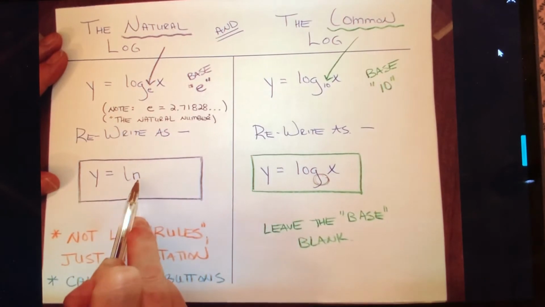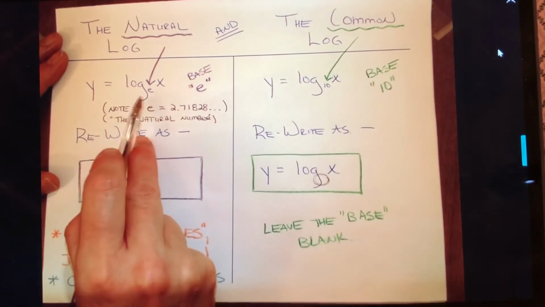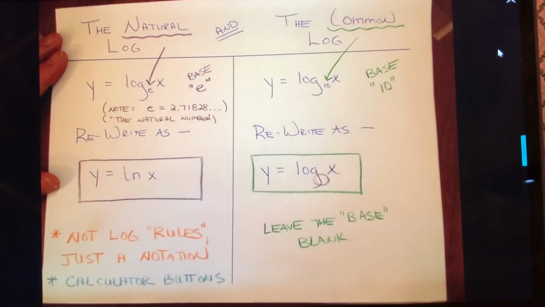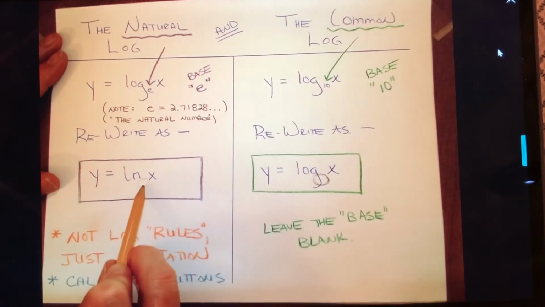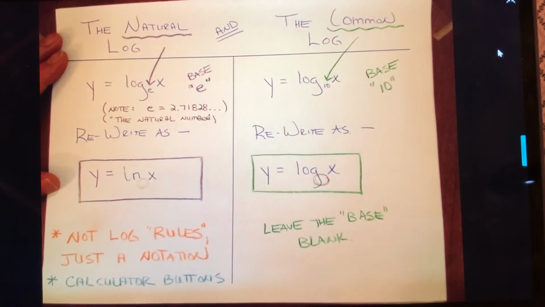If you see ln, that means it is the natural log, or in other words, the log base e. So we'll see it like this. You'll notice we don't put the base, it's implied that it's an e because we've used the ln instead of the log. And so these aren't really log rules, it's just more log notation that mathematicians have adopted.